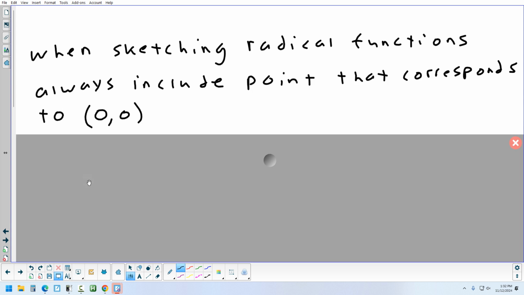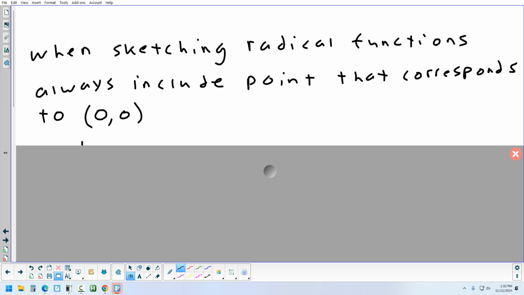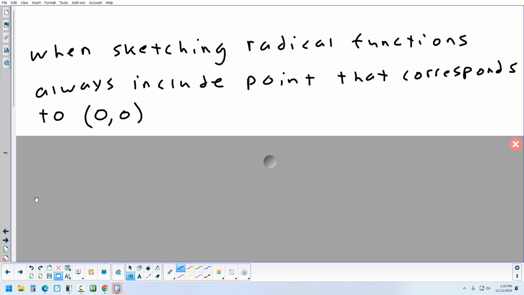So now we're going to look at drawing a square root by hand. I think that'll be the last thing. When we are sketching radical functions, there are really 2 main types. There's the odd ones and the even ones. When you're dealing with an even one, think of a square root.